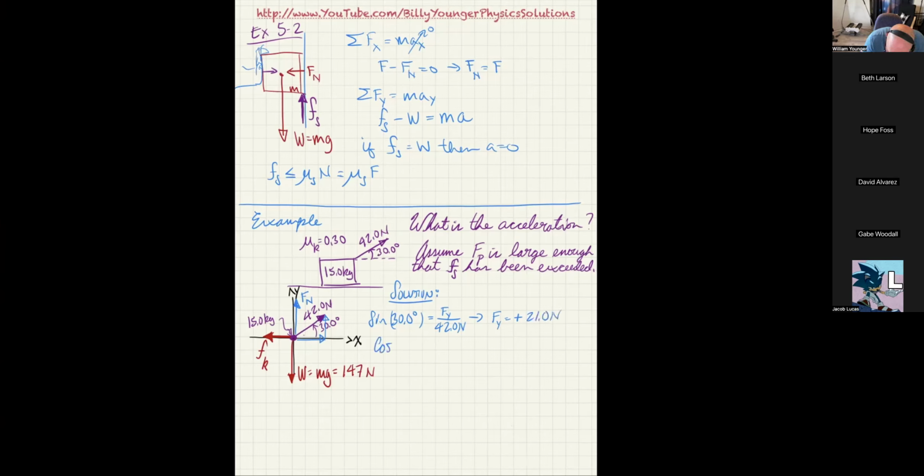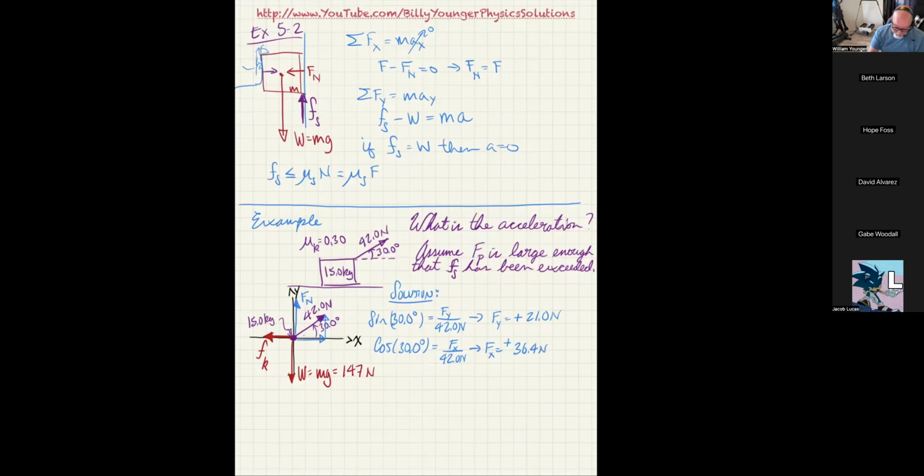Similarly, we can do cosine of 30.0 degrees, which is adjacent over hypotenuse, giving us F sub x over 42.0 newtons. That means F sub x, again forcing the positive sign, is 42 times cosine 30, and that gives me 36.4 newtons.